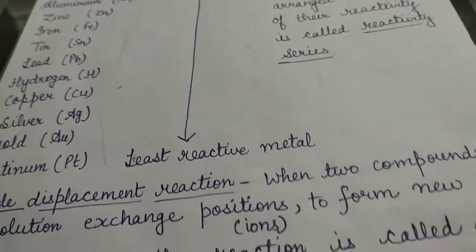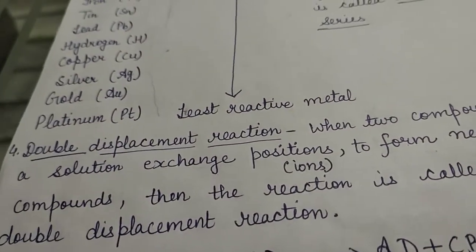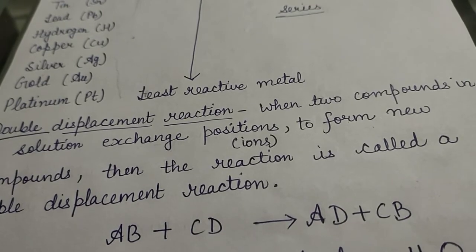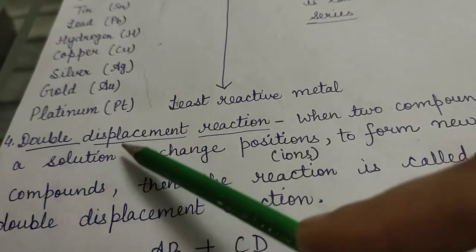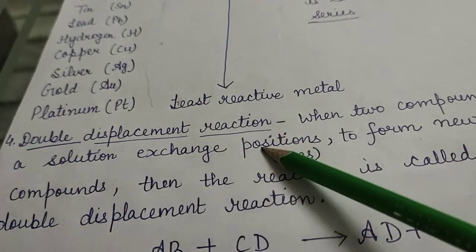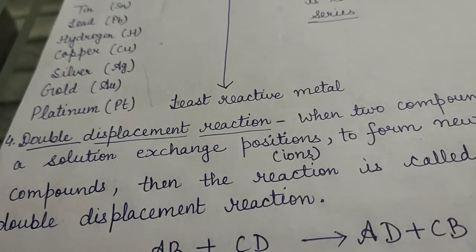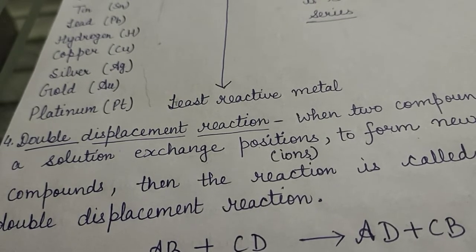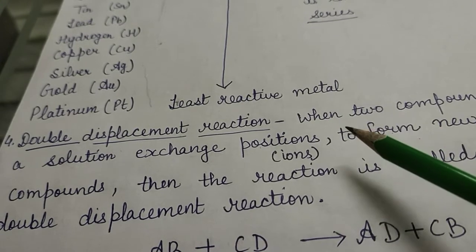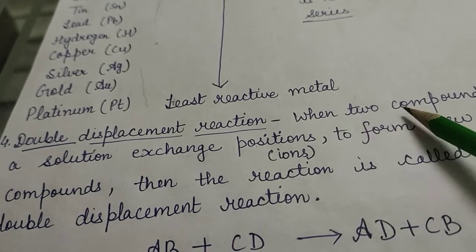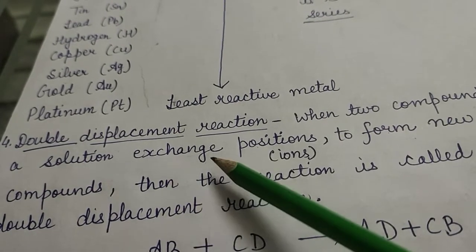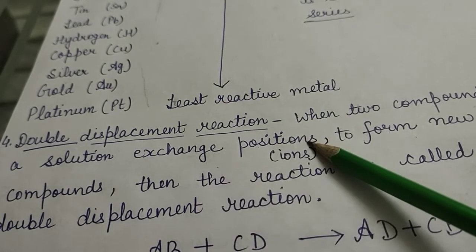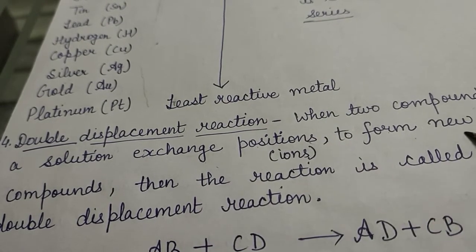Okay, and the next reaction that we have to discuss today is what? Double displacement reaction. Previously we have discussed single displacement. Now we are having what? Double displacement reaction. See what happens in this reaction: when two compounds in a solution exchange positions to form what?